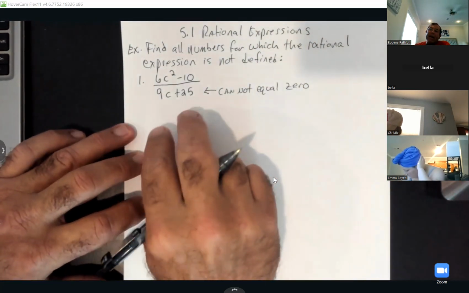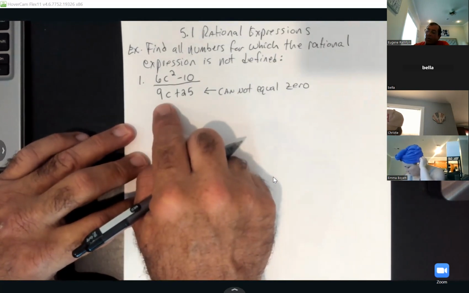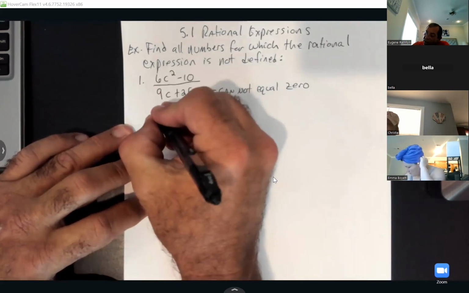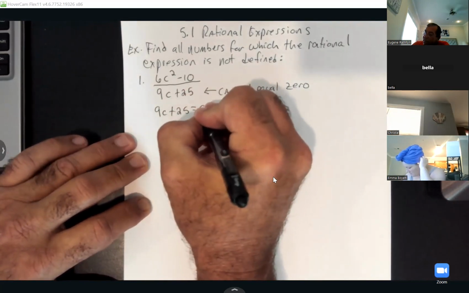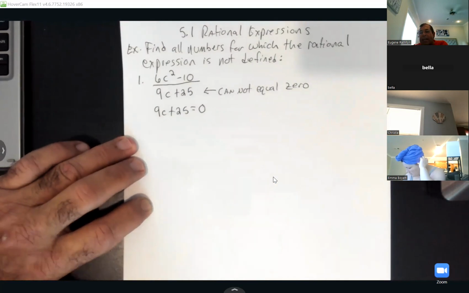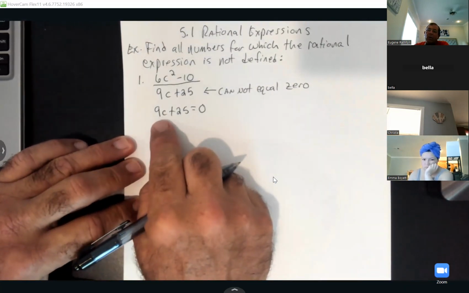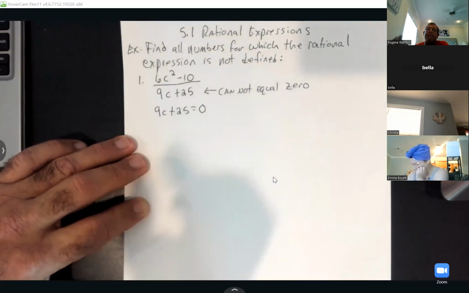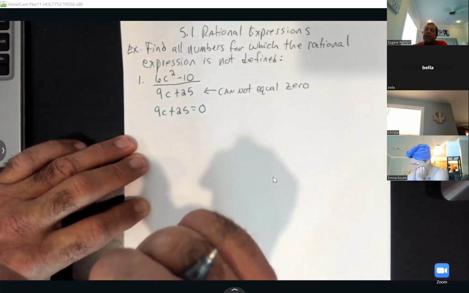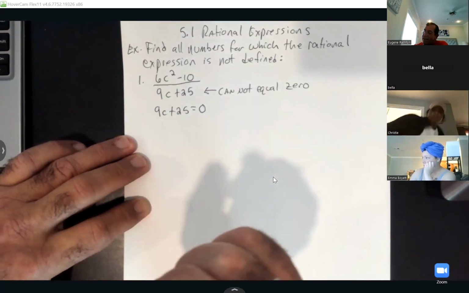So what we do to find numbers that do make it equal 0, same thing as finding domain. I'm going to take the bottom of my fraction, 9c plus 25, and set it equal to 0 and then solve it for c. Once I solve this for c, that'll give me the numbers that I've got to include that'll make it undefined, okay?